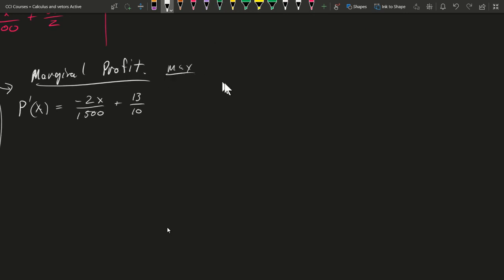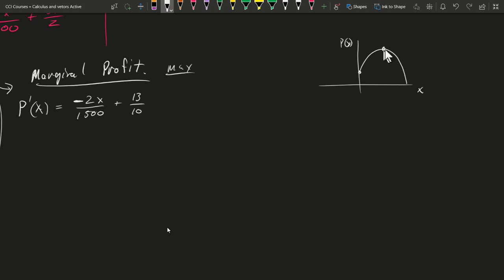Thinking about this, it's actually a parabola where x is sales and p of x is profit. And since it's a negative parabola, it's a downward facing parabola like this.